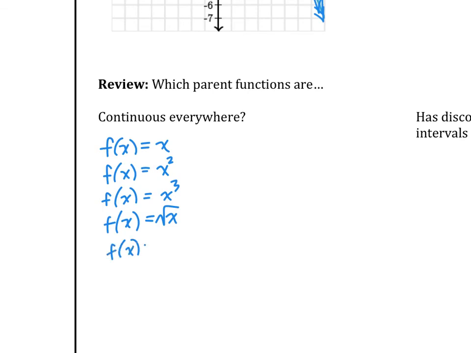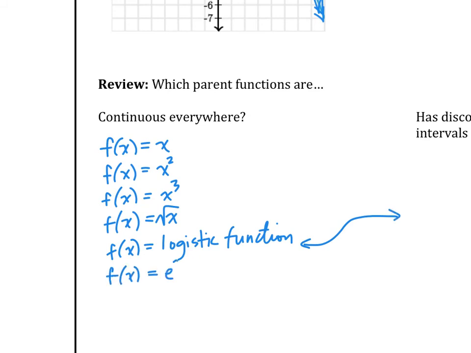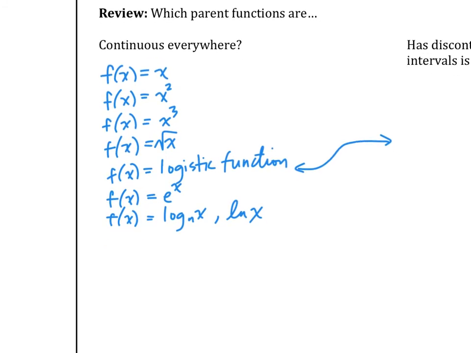Then f of x, the logistic function. I don't know if you remember, that's the function that looks like this. And then we have the exponential. And then log x, whether that is log base n of x or the natural log x, both of them are continuous.